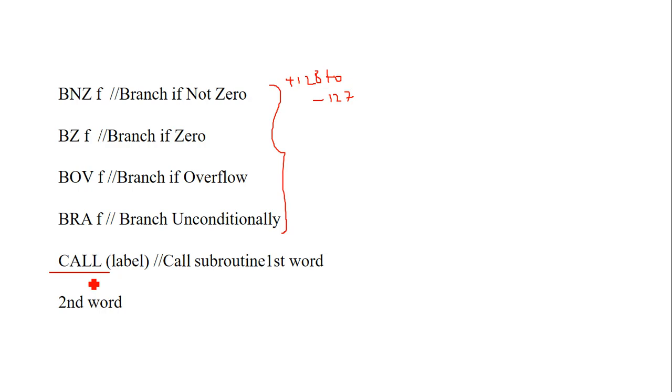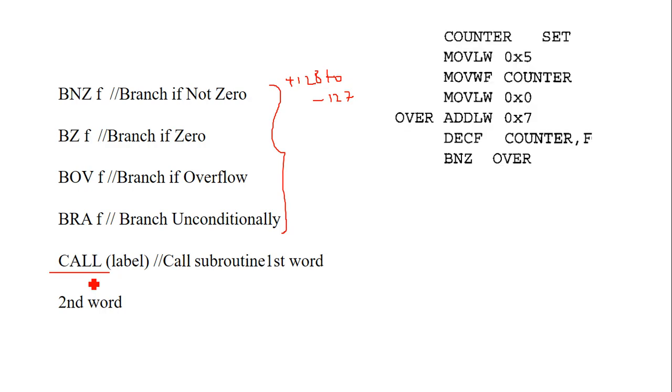Here I have taken one example. Counter I have set as a value. If I set 0x5, then MOVLW moves the literal value into the WREG register. Now this 5 will be set into the memory location labeled counter.